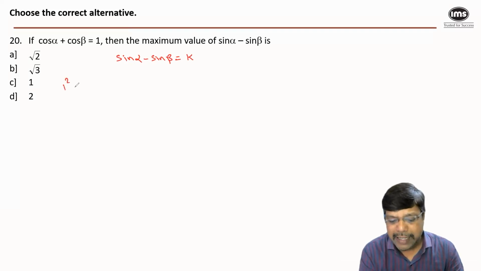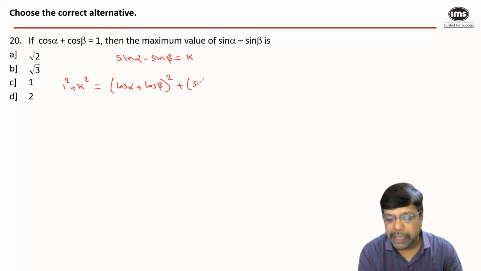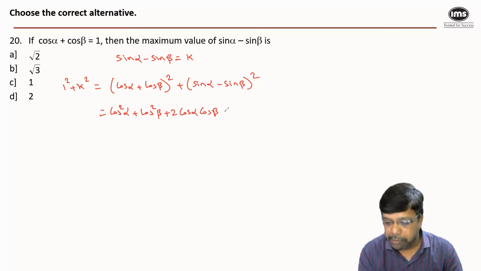Now, if I square and add these two, then it is nothing but cos alpha plus cos beta whole square plus sin alpha minus sin beta whole square, which will give us cos square alpha plus cos square beta plus 2 cos alpha cos beta plus sin square alpha plus sin square beta minus 2 sin alpha sin beta.